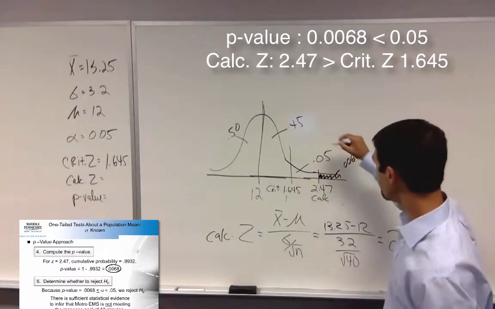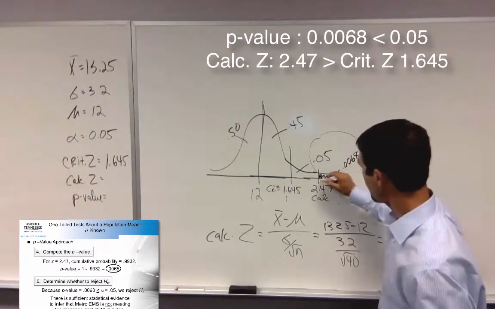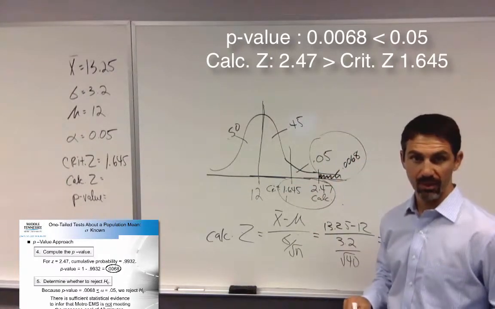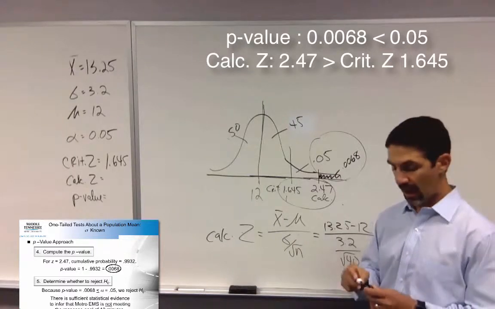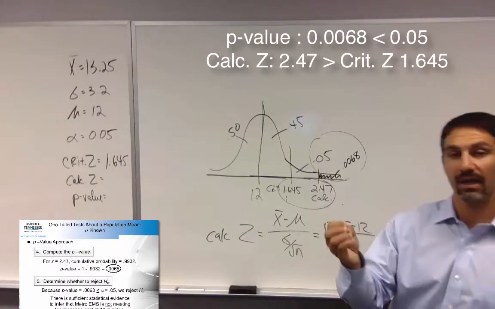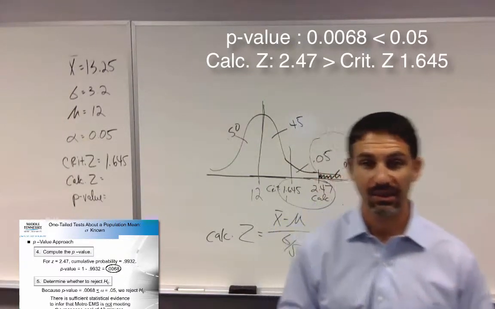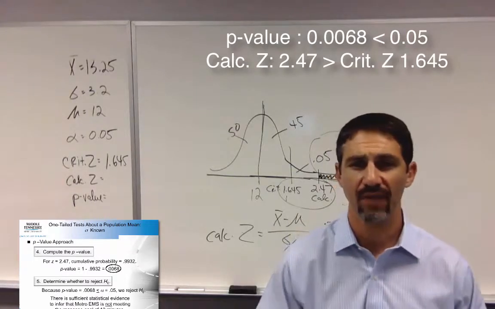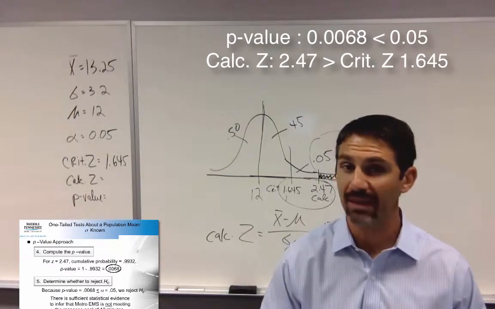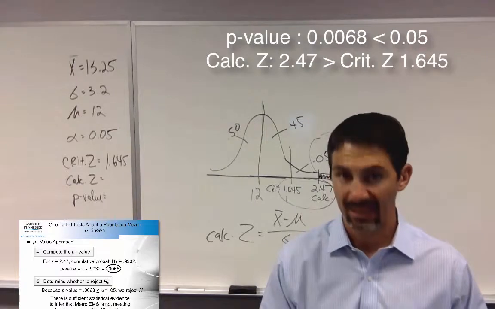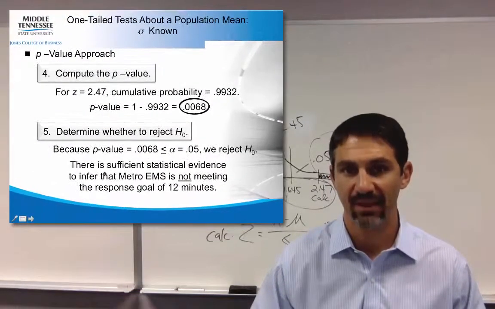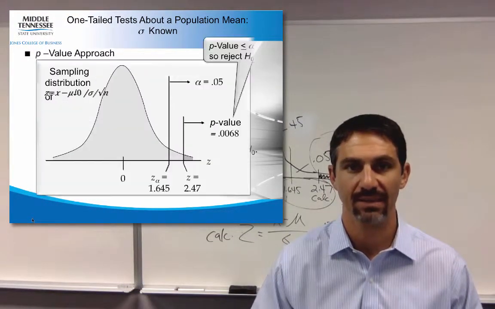So you have a p-value approach, and you have a critical approach to finding significantly more in this case. So is there sufficient evidence to infer that the Metro is not meeting the response time? I think so. I think there is definitely sufficient evidence in this case.